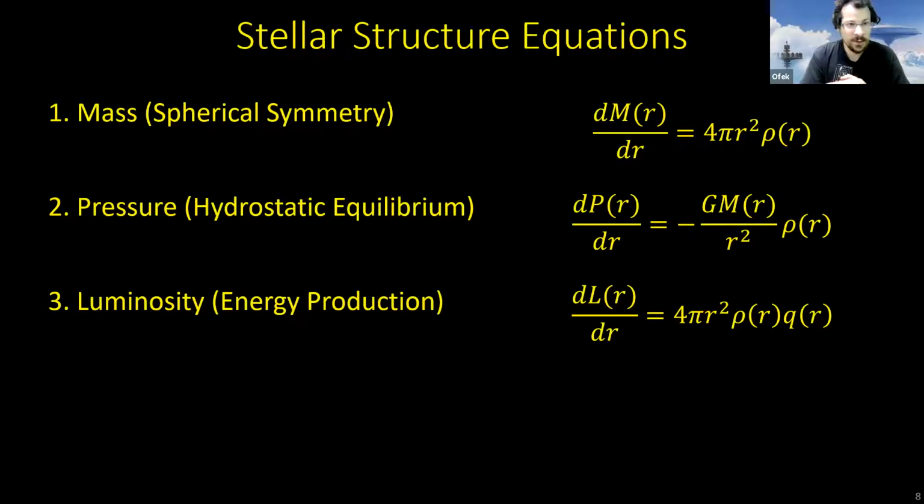And luminosity also reminds us that the star is always losing energy. So it's never really in equilibrium. It can only be in semi-static equilibrium or in some stationary equilibrium. The star is always producing energy from mass and releasing energy in the form of electromagnetic radiation into the universe.